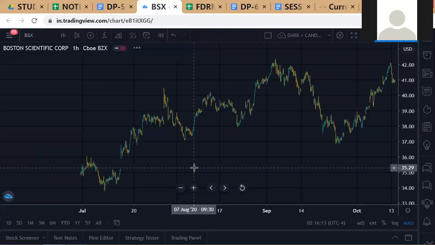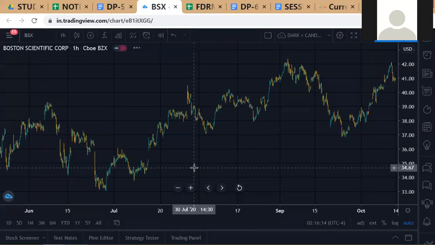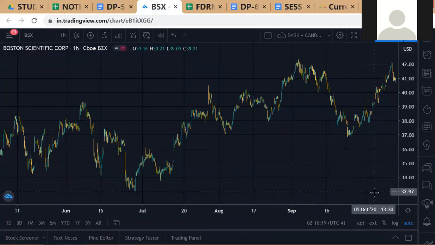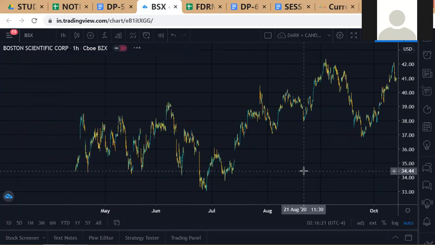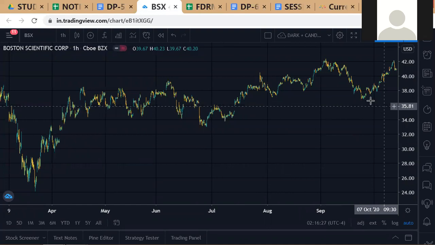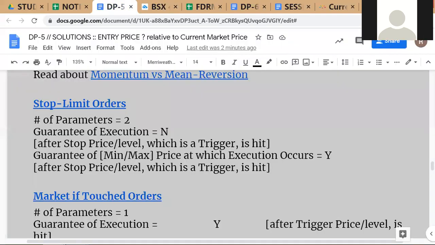Never mind. So if the system keeps on selling off, if the market goes to 34.5, 33, keeps on dropping, then there is no way for you to exit. I mean, you'll have to execute a market sell order separately. Your position is still locked in there. You're still holding on to your position and the market is collapsing. So this is the problem here. There is no guarantee of execution.